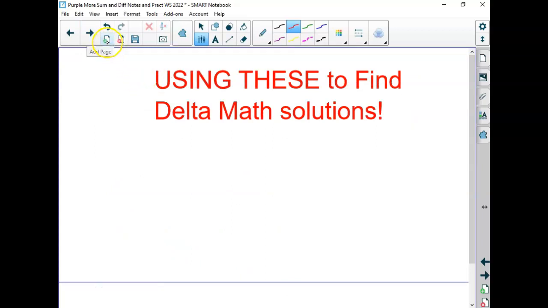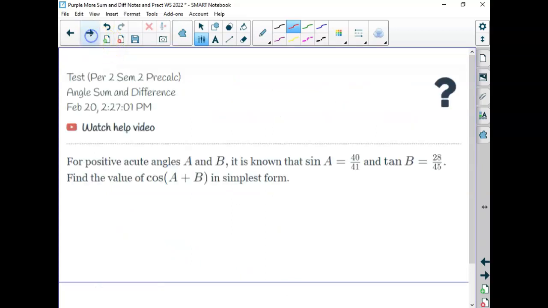The homework is to finish the worksheet and also do a couple delta math questions. I just want to show you, I'm not going to take any more of your time up, but look at on the delta math, it says they are positive acute angles. What does acute mean? Yes, so what quadrant are they all going to be in? Quadrant 1. Everybody okay on that?